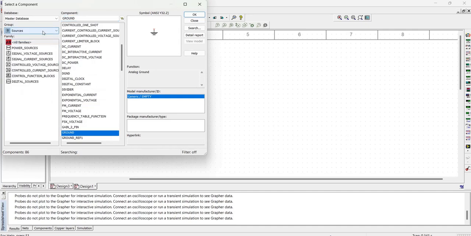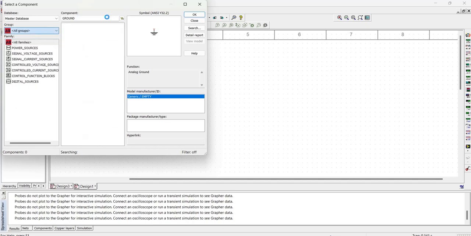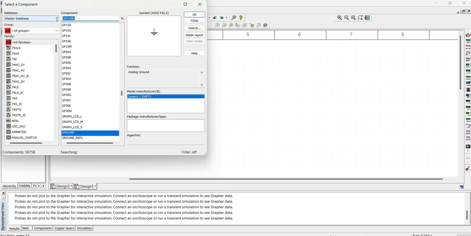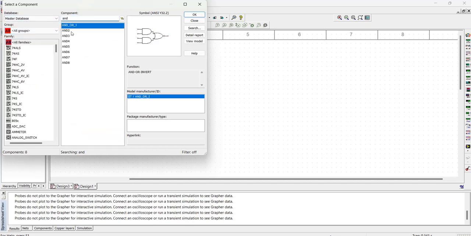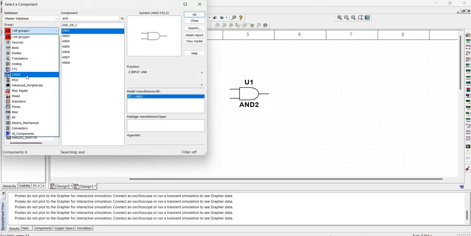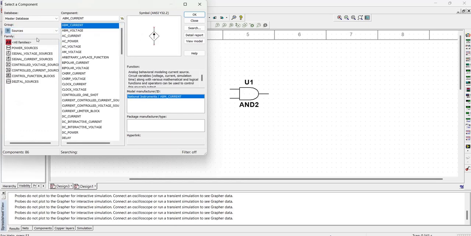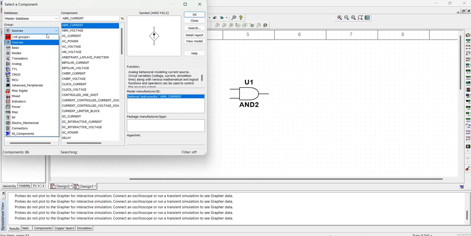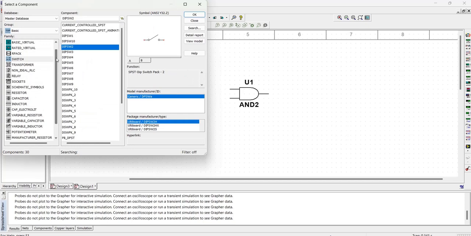Okay, then we need our logic gate. Let's go to all groups and we look for AND gate. The AND gate that accepts two inputs. So let's take it there. Then you want to get also an indicator. Let's get it from among the basic components.